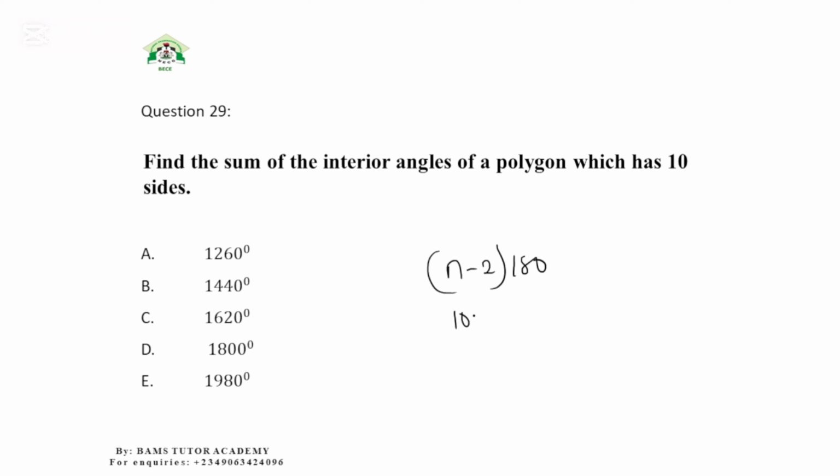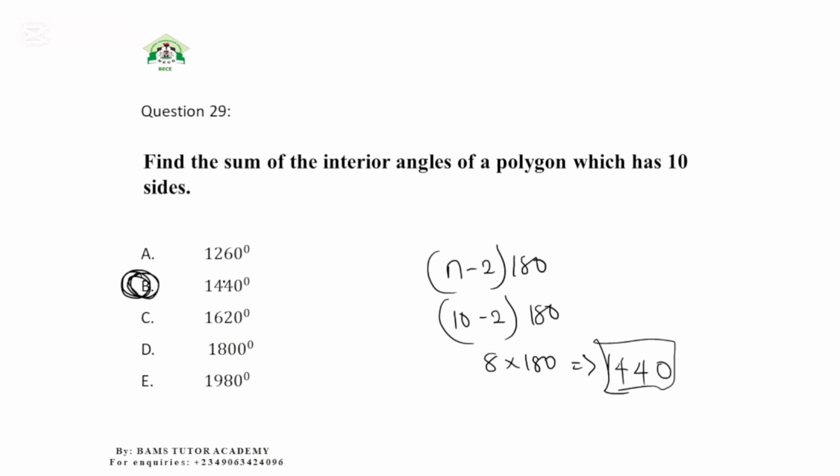So that's 10 minus 2 times 180. 10 minus 2 is 8, times 180, so you do the multiplication. 8 times 8 is 64. That's 4, I mean, that's 6, that's 4. 1440. That's option B.